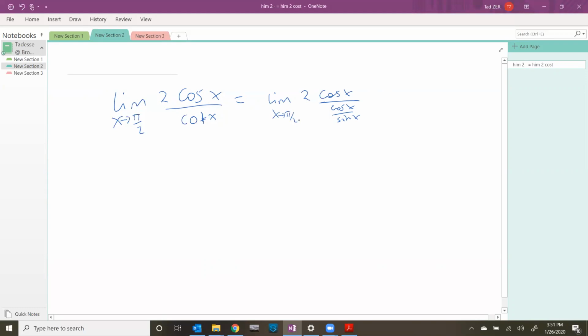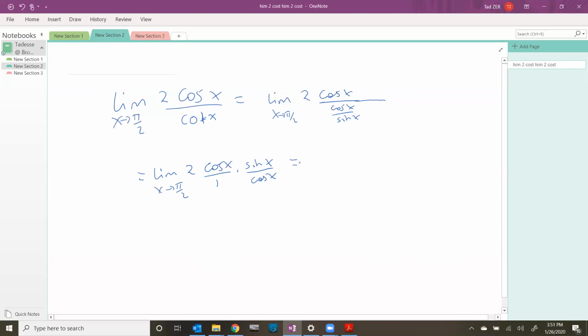This is a complex fraction, so when you flip the denominator, let me write it to make sure you're clear: 2 cos x divided by 1 times sin x over cos x, as x approaches pi over 2.